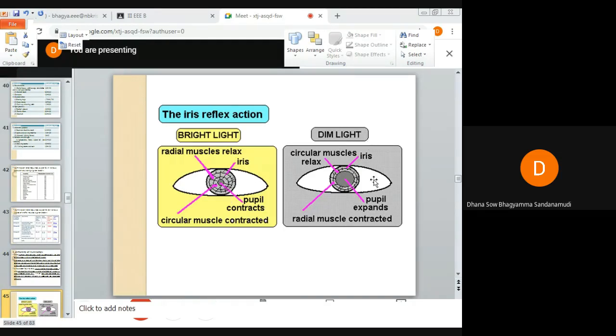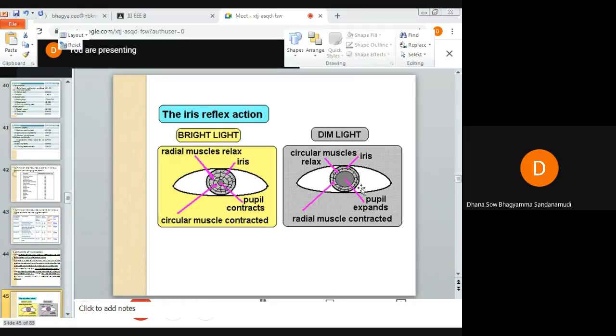Whereas if the light is dim, the circular muscles will relax and the radial muscles will contract. See these straight lines which you were able to see clearly in this diagram. In the next diagram you can't see them clearly. Their length has reduced, meaning they have contracted.